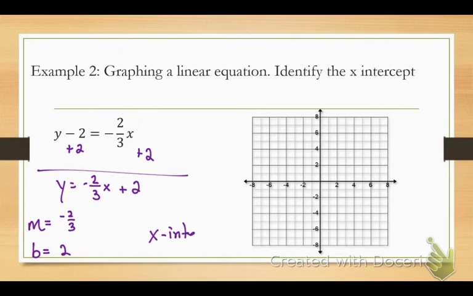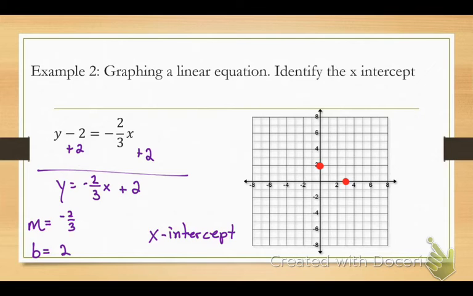I want you to graph this line, and then I want you to tell me in your notes what the x-intercept is. Once you graph your line and answer that question, compare your answers with a neighbor. So you plot your point on a 2, and then you go down 2/3.